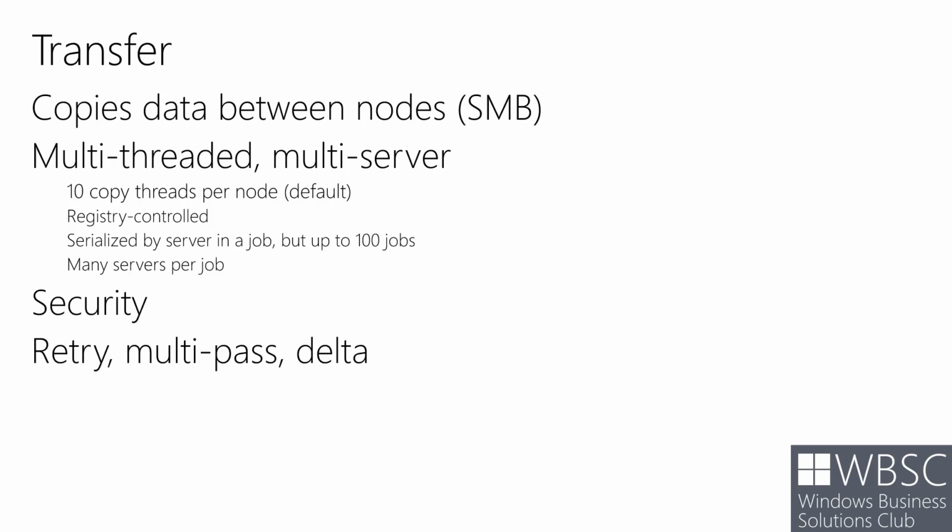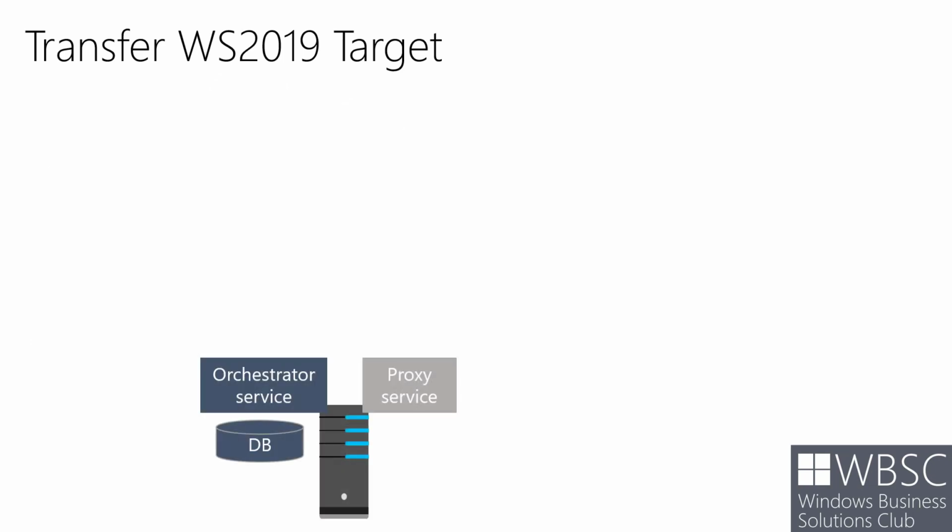We have seen this long list, so we can add additionals. Security is scanned, and we have options like retry, multipass, and so on. Now it's important to know which version of Windows Server the target operates. If the transfer target is a Windows Server 2019, the transfer works like this.